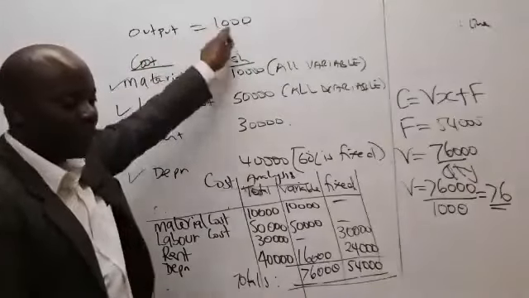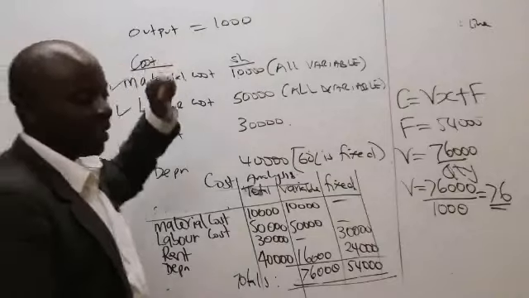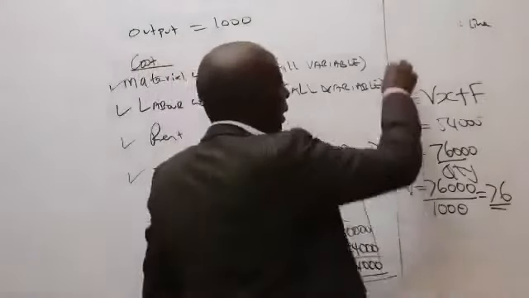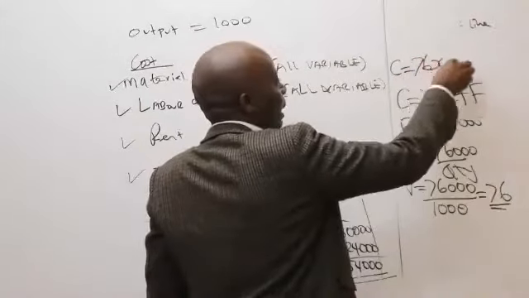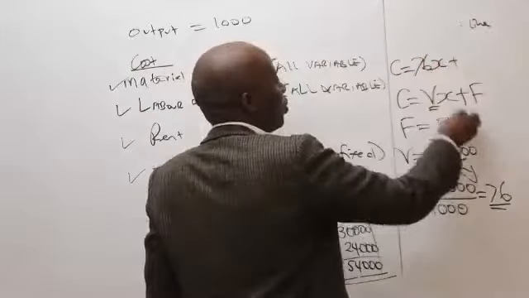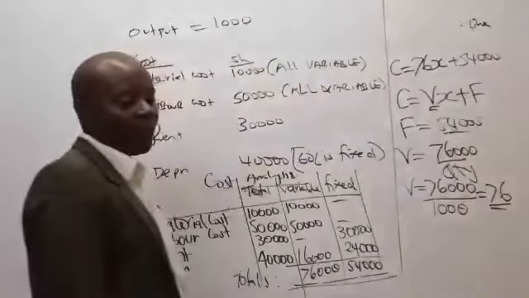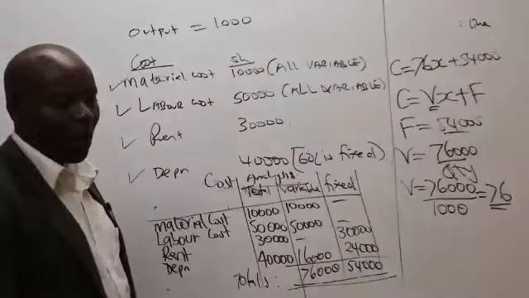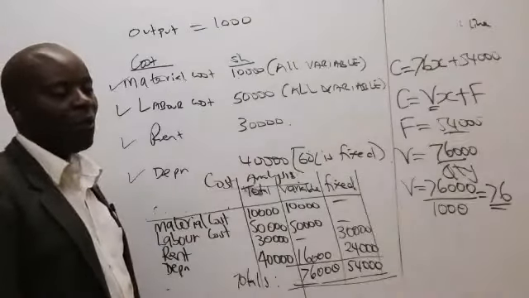So if that is the case, then my C will be 76x plus fixed cost of 54,000. Now we have a cost equation.